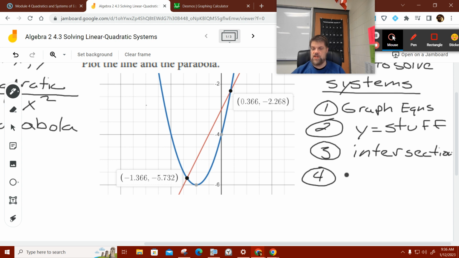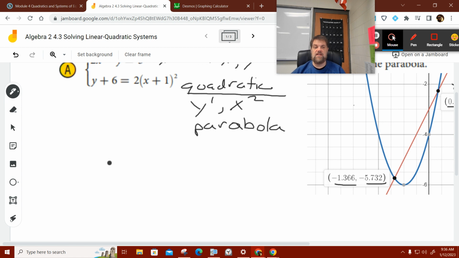Now, the intersection are the x and y values of the intersection. So remember that this is an x value and this is a y value. In other words, if I plug this number into each of those equations, my y value should equal this. If I plug this x value in, both of them will have the same y value as this. Okay? So let's see what that looks like over here.